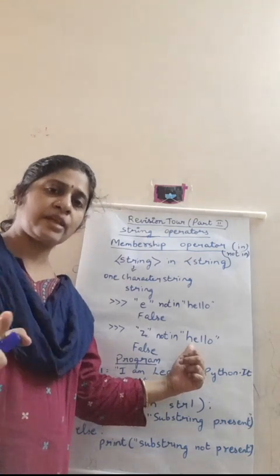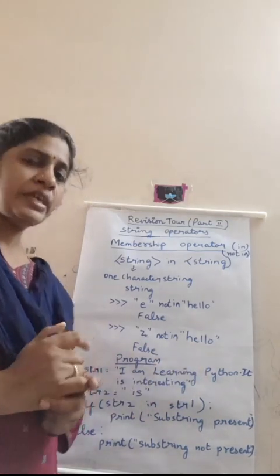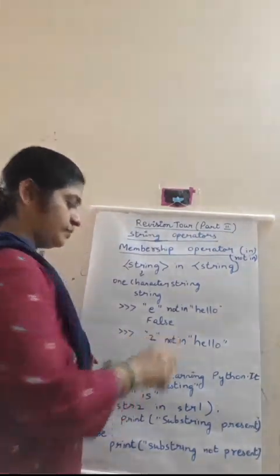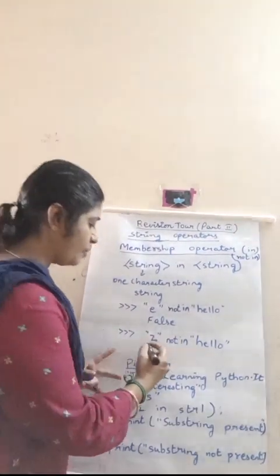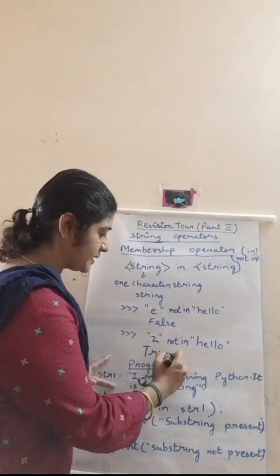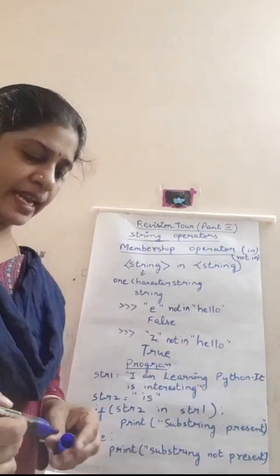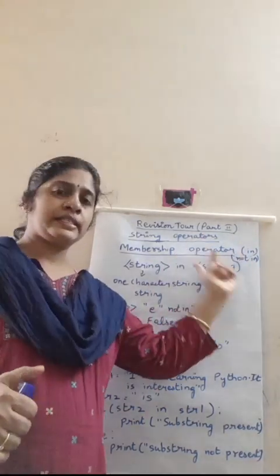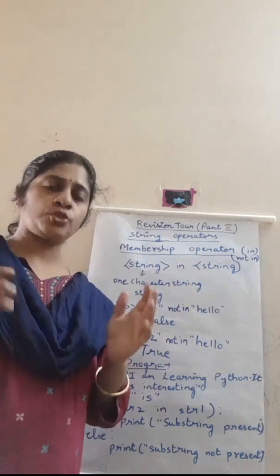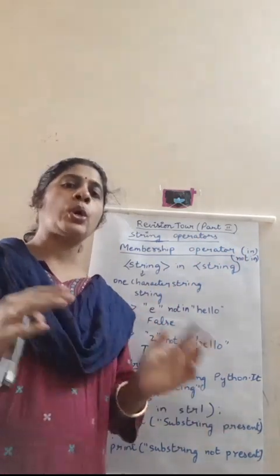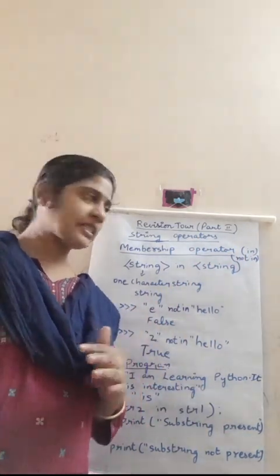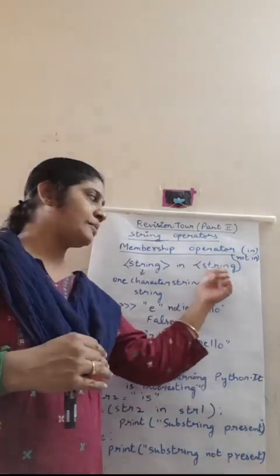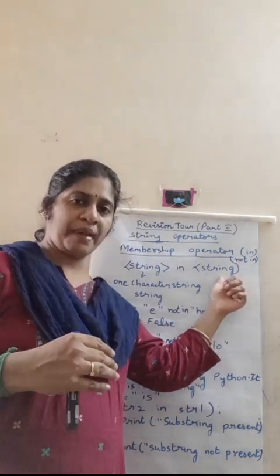Yes, Z is not present in hello, so it will give you the answer as true, as Z is not there in hello. So in this way, you can use in and not in membership operators to check whether a character or a string is present in the string. That is, you can check whether a substring is present in the main text or main string.